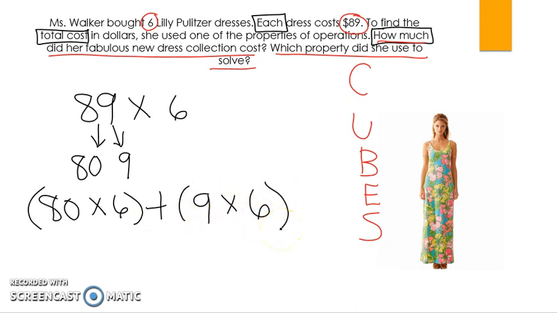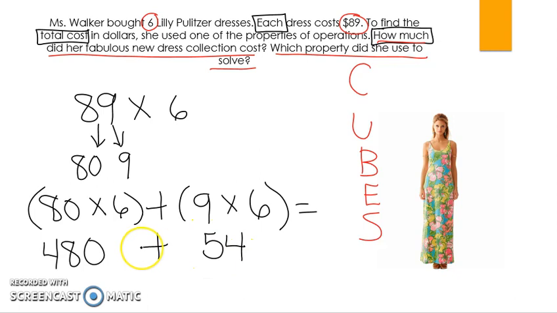And then we can further evaluate from there. So then we will have 80 times 6. We can start by saying 8 times 6. 8 times 6 is 48. And then we're going to add our 0 to make 480. And over on this side, we're going to have 9 times 6. 9 times 6 equals 54.